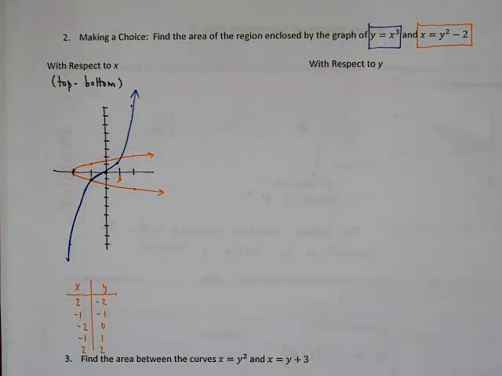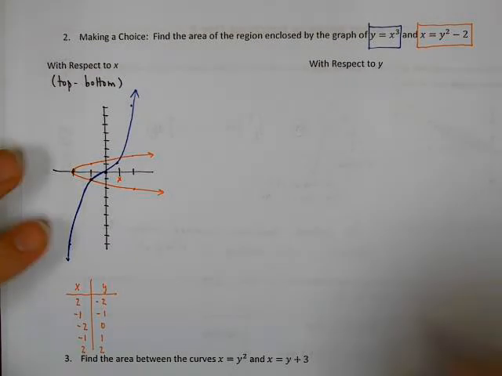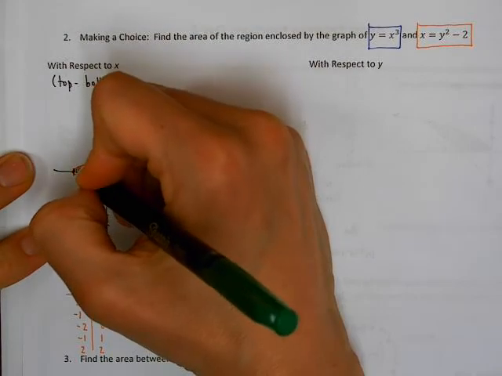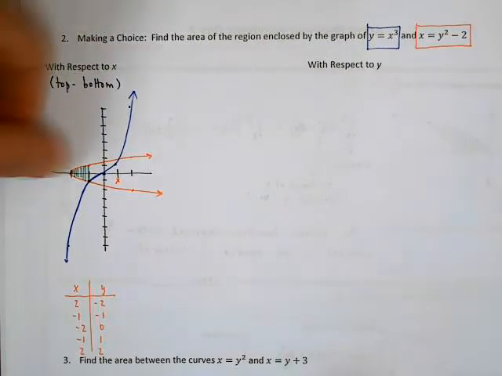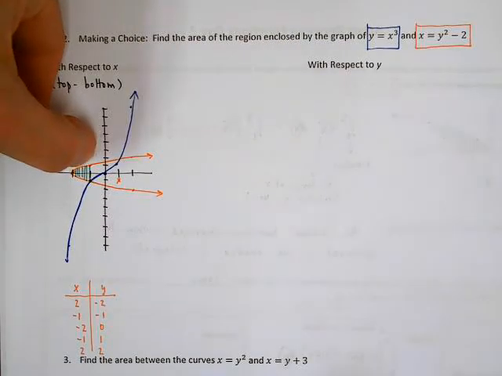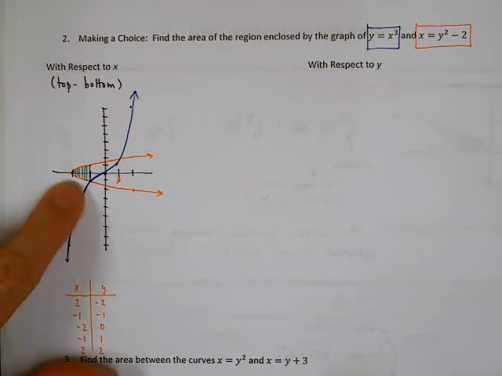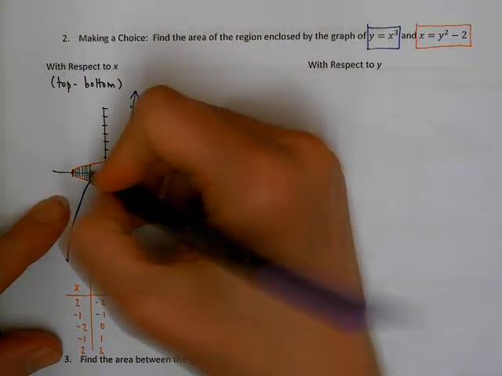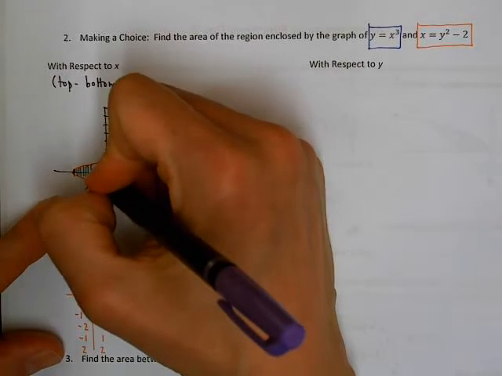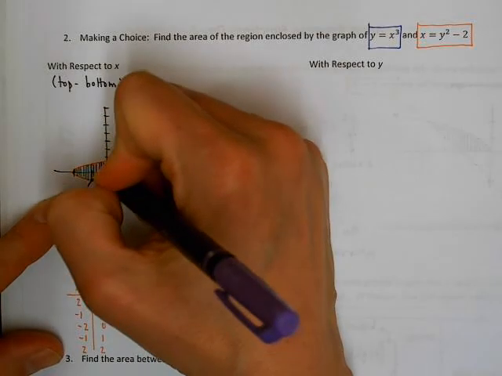So now, if I'm integrating with respect to x, that means top minus bottom, something interesting again is happening, because if I start looking at top minus bottom, up to this point, my top is the top half of the orange curve, and my bottom is the lower half of the orange curve. Once I get past that point there, it looks like at negative 1, then it switches.